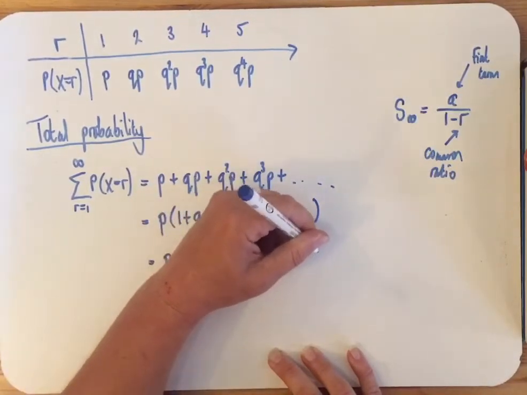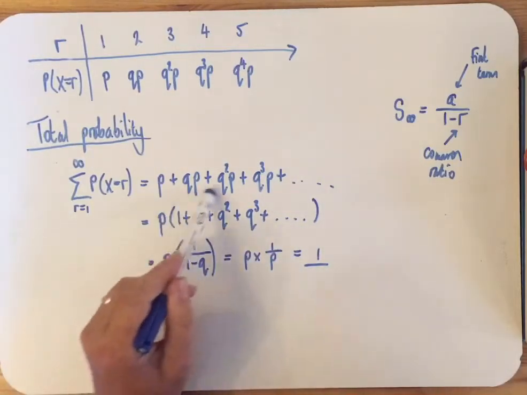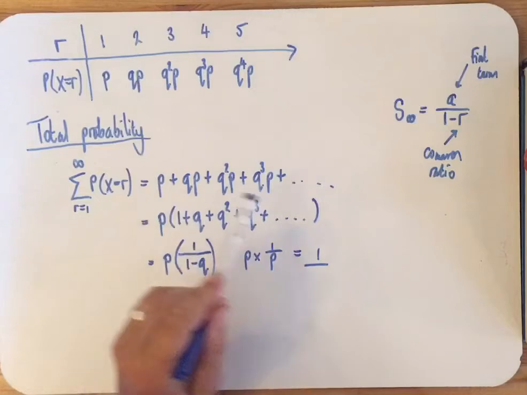And so you can see there that the sum to infinity of these probabilities added together is equal to 1, which it needs to be, or it wouldn't make sense. When we do negative binomial, I do a proof on that as well, but you can see this is a geometric distribution and it's using this sum of a geometric series.